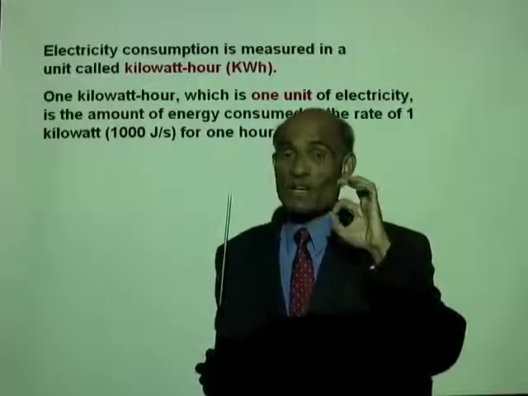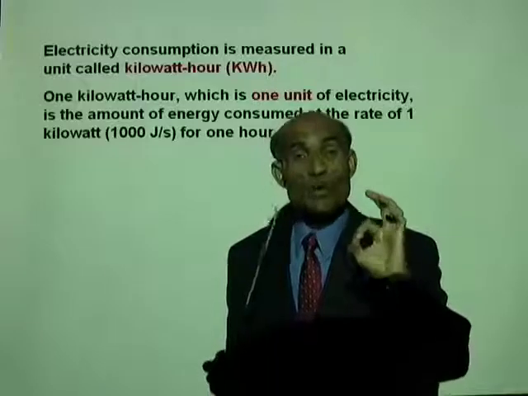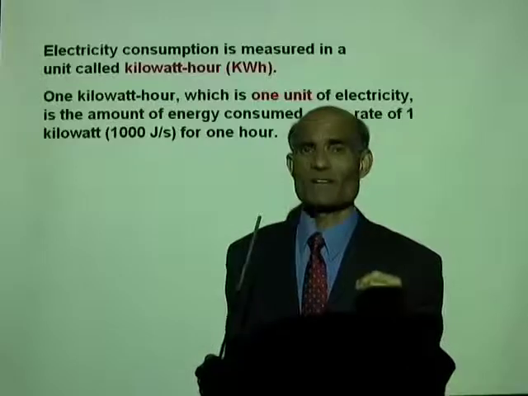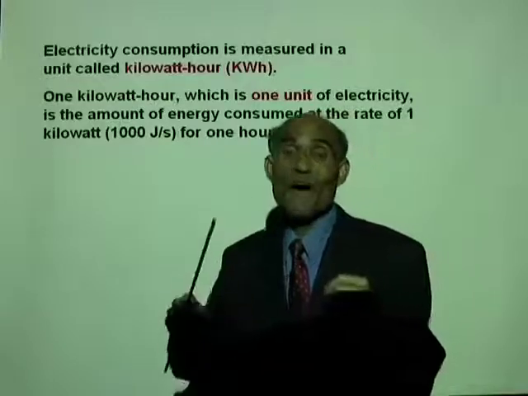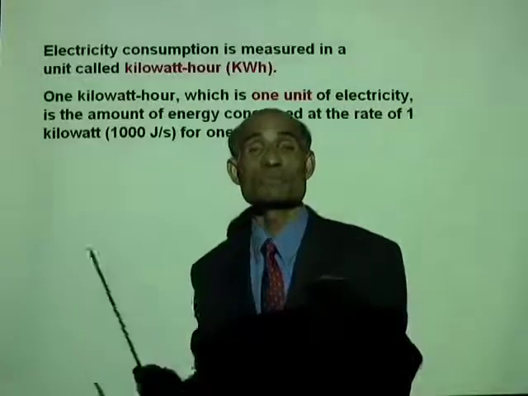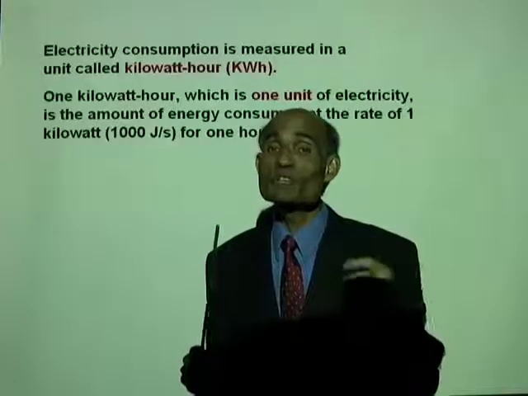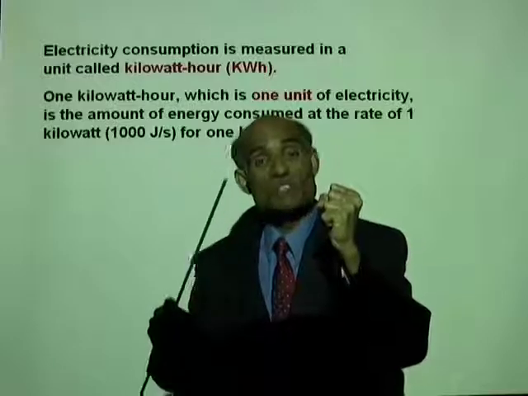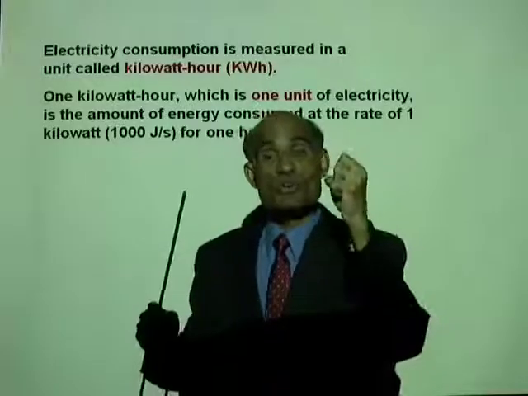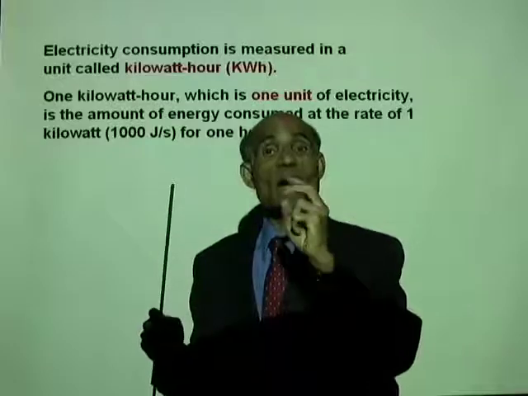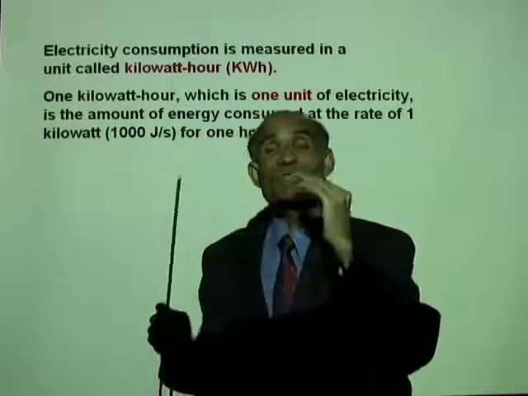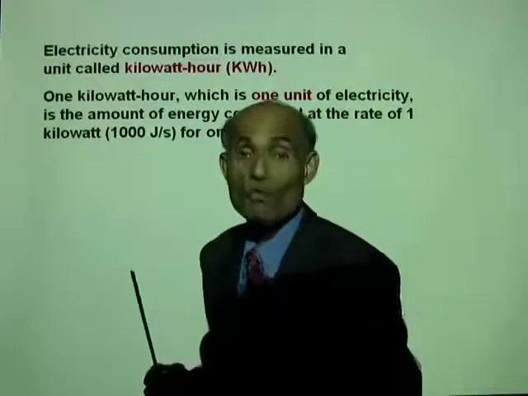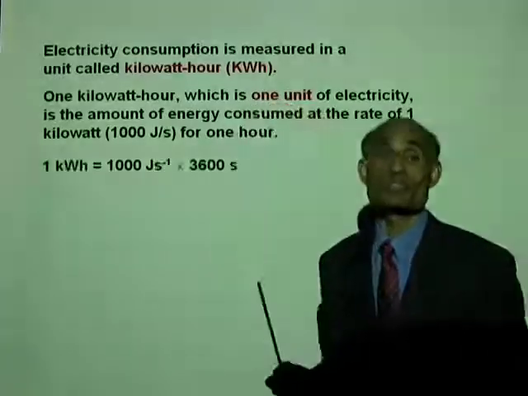If you turn it on for 2 hours, how many kilowatt hour do you actually use? All you need to do is multiply the power in kilowatt by the time in hour. So 2 kilowatt multiplied by 2 hours is 4 kilowatt hour. You will consume 4 units of electricity.